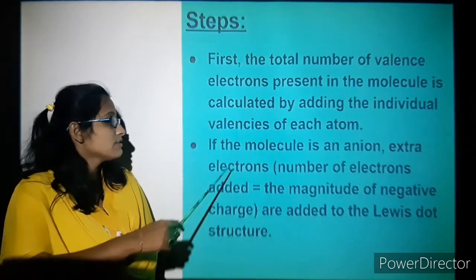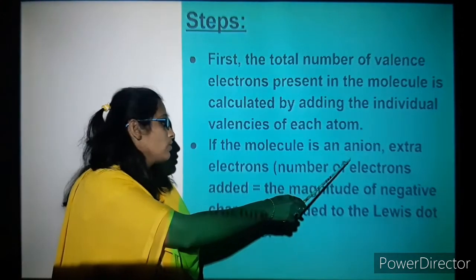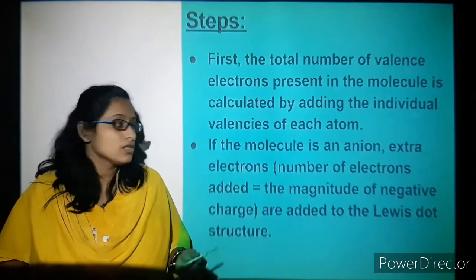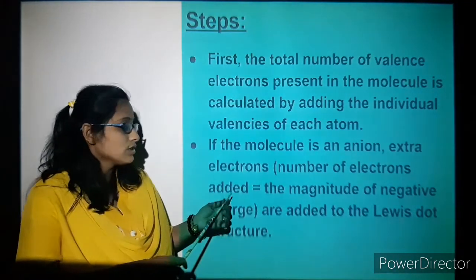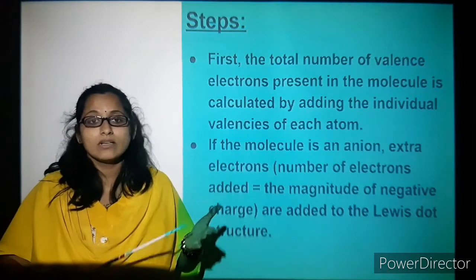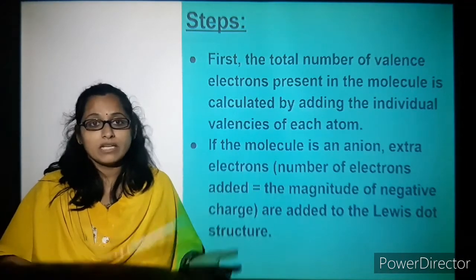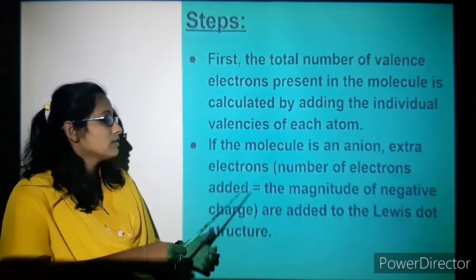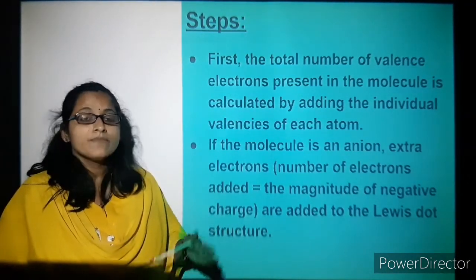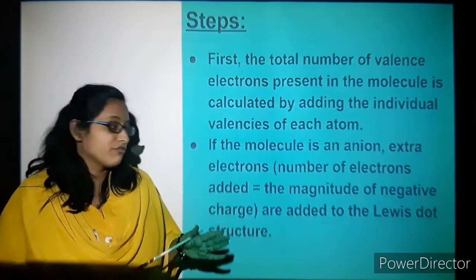If a molecule is an anion, it needs extra electrons. Anion is negatively charged, and I have already told that whatever is negative will take the electrons from other atoms. So it needs another atom to obtain the electrons and become an octet configuration.